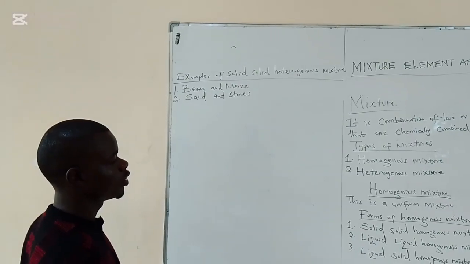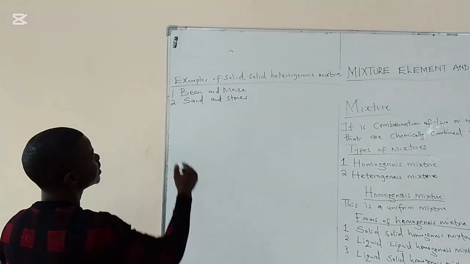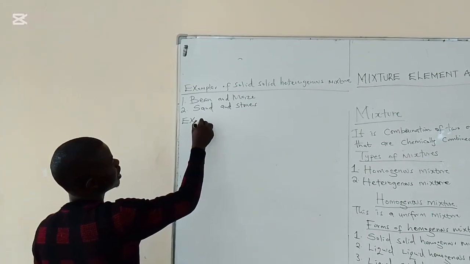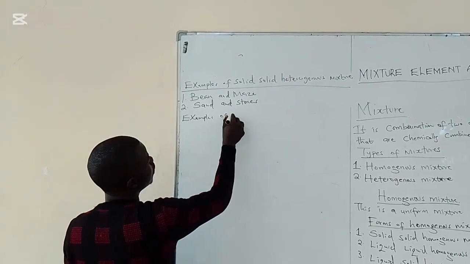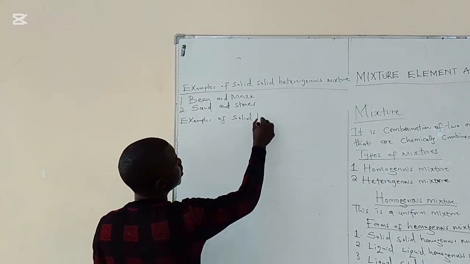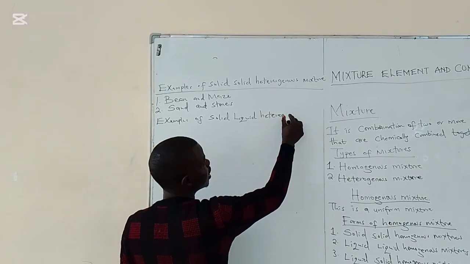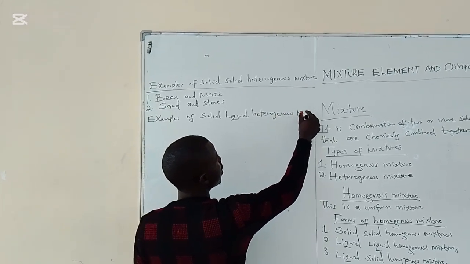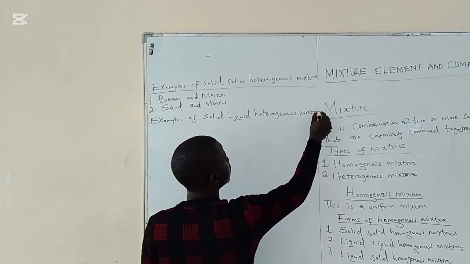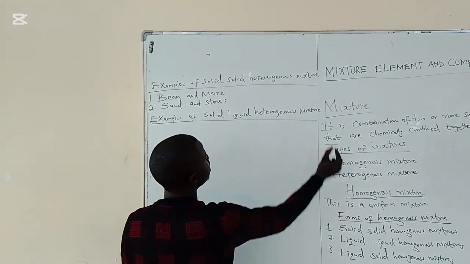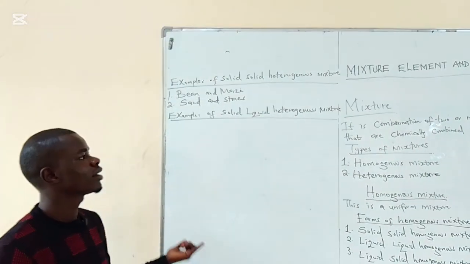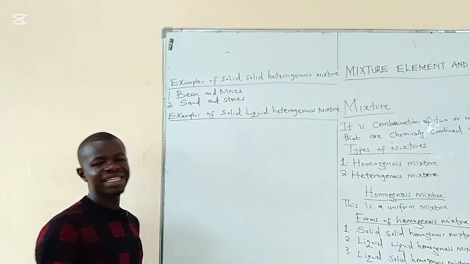So also, when you go to solid liquid, examples of solid liquid heterogeneous mixture. You can talk of one, maize and water.